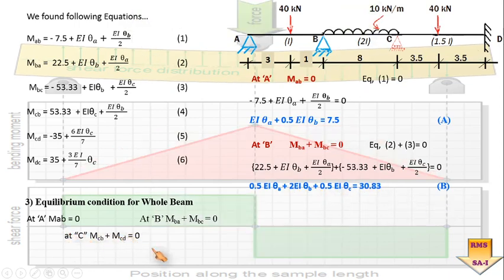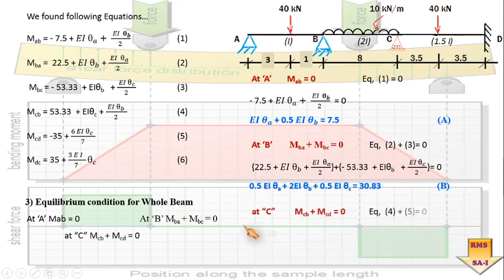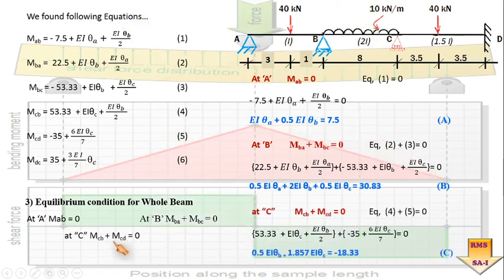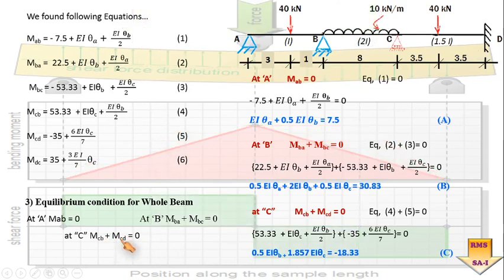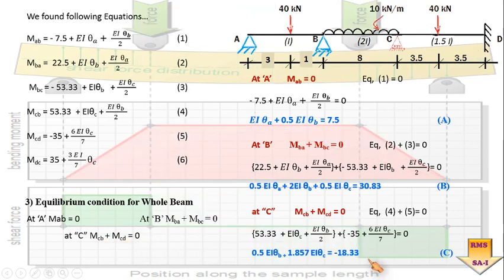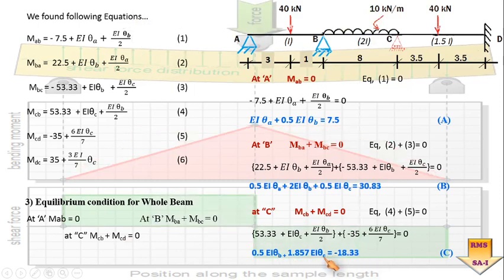Yet another third equilibrium condition is still remaining, and that is MCB plus MCD. Choose those two equations from here, do the summation of these two, so you will be getting the third equation number C in terms of theta B and theta C.